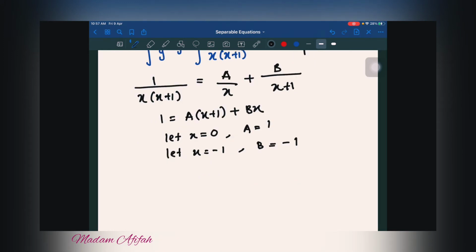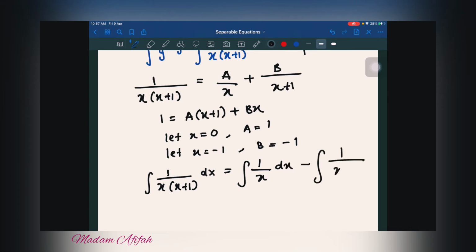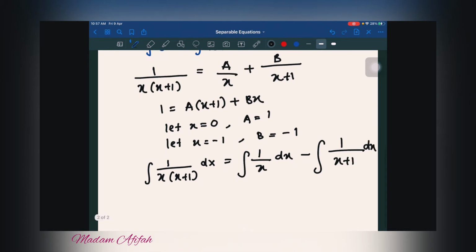Substitute the values of a and b back, so you will have the integral of 1 over x plus 1 dx equals the integral of 1 over x dx minus the integral of 1 over x plus 1 dx. Integrating gives you ln x minus ln (x plus 1) plus c.